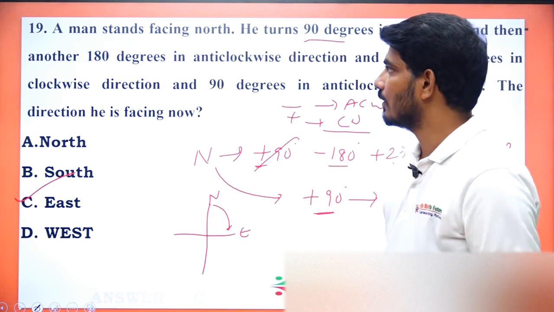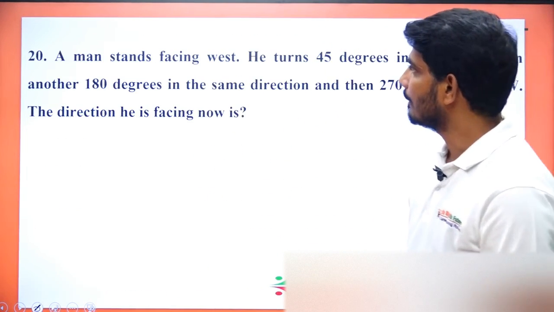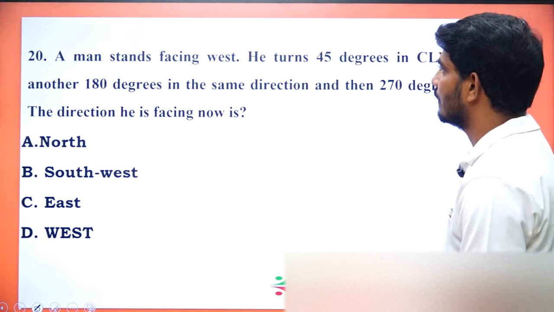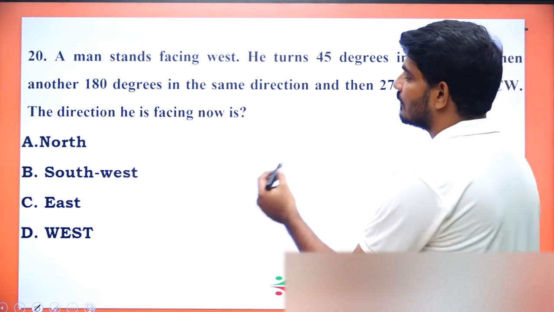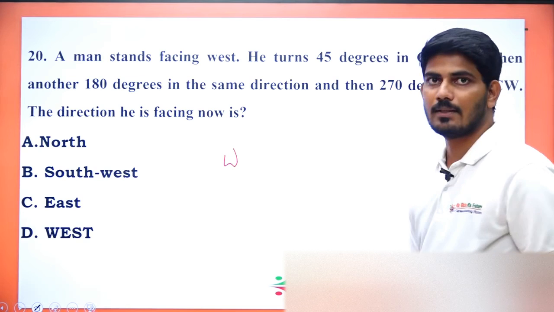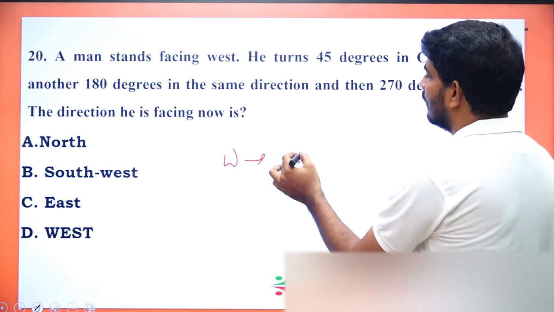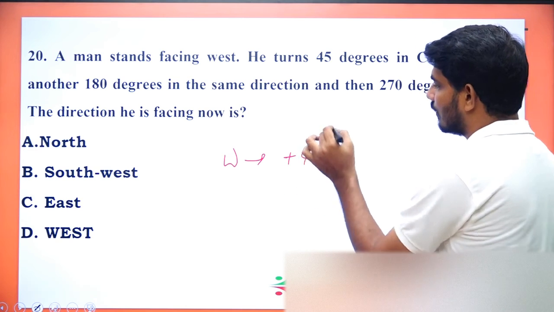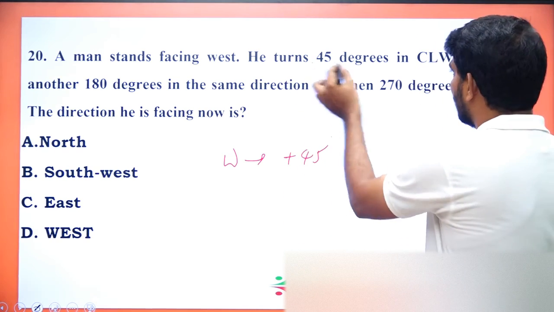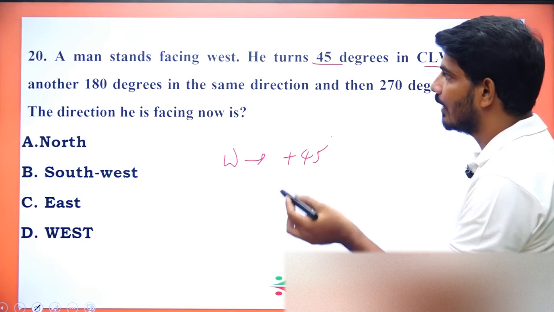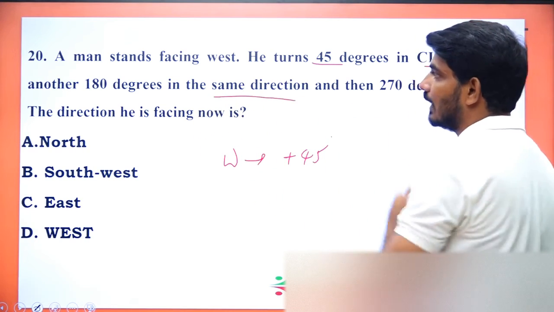Let's see one more similar question. A man stands facing west. So initially he is facing west, and then he turns 45 degrees clockwise, and then another 180 degrees in the same direction.